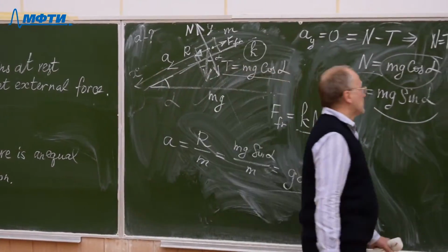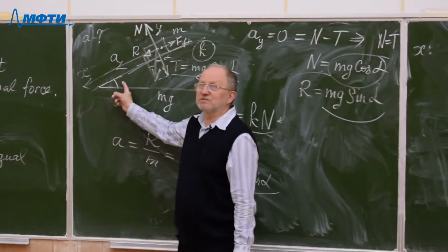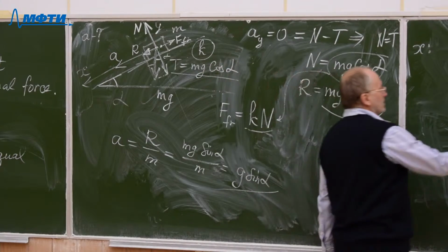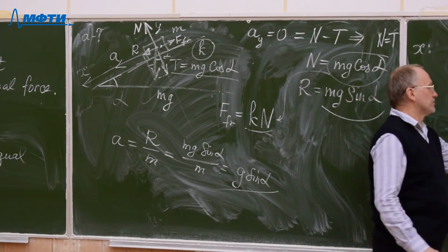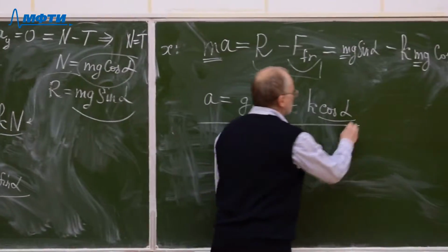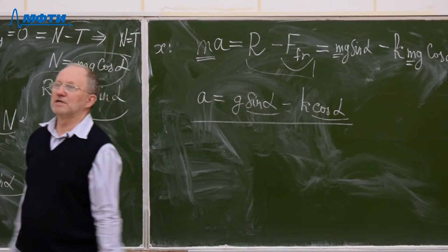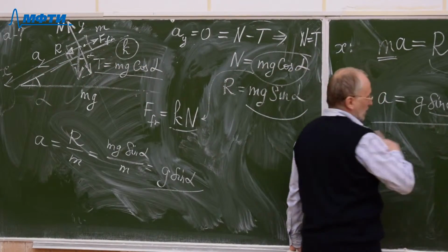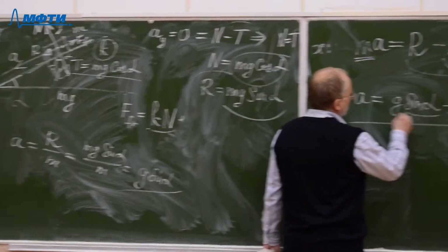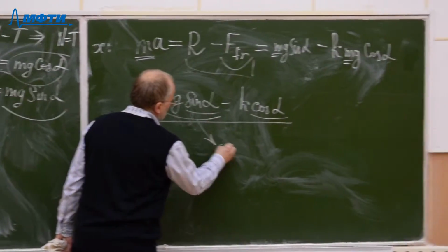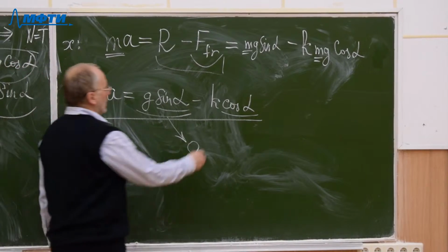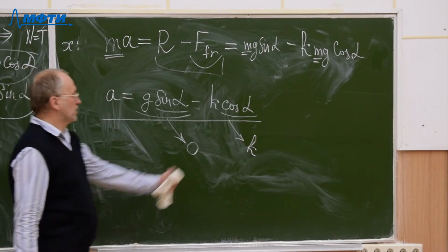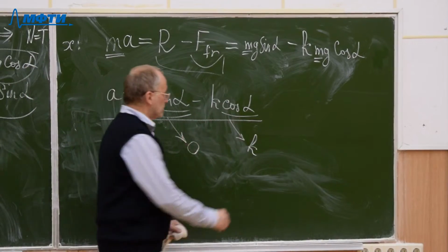Now look, suppose the angle alpha is very small. If it's very small, then the sine will be very small, close to 0, and the cosine will be close to unity. So if the angle alpha goes to 0, the first term here will go to 0, and the second term will tend to k, because cosine will tend to unity.